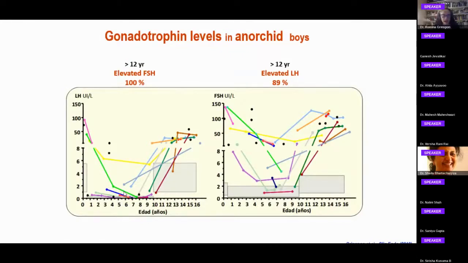They are high in the first years of life, then they decrease during childhood, and a percentage of them normalize their gonadotropins. You can see that after 10 years of age, gonadotropins increase again to very high levels. Therefore, at the age in which a child consults for delayed puberty, basal gonadotropins allow us to rule out the diagnosis of primary hypogonadism.